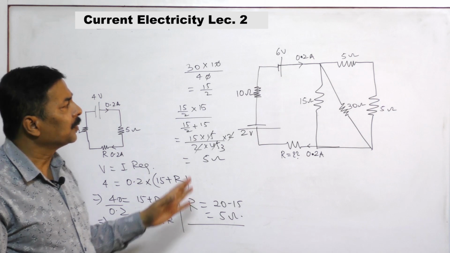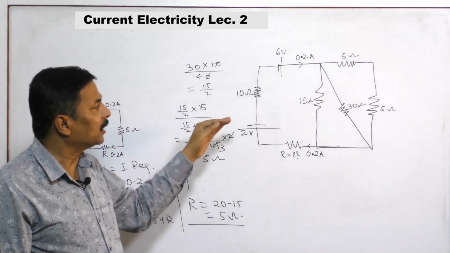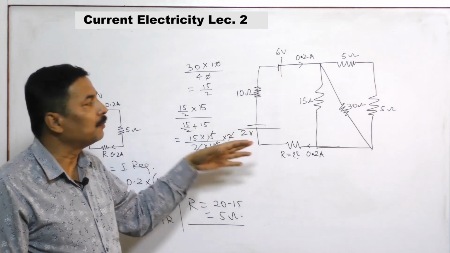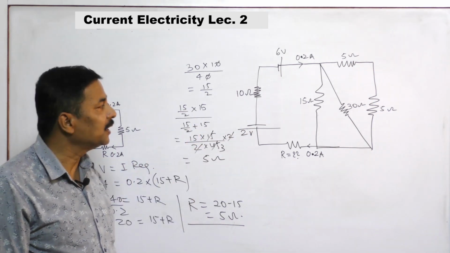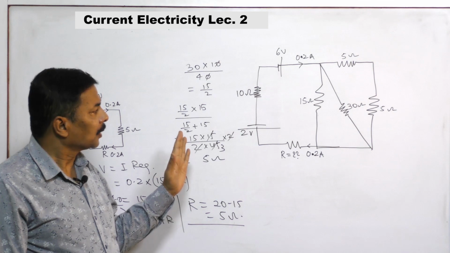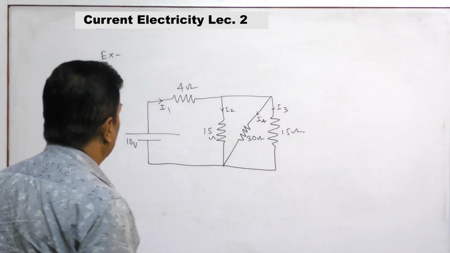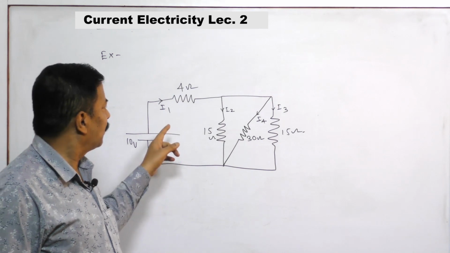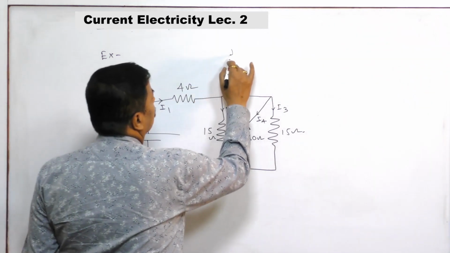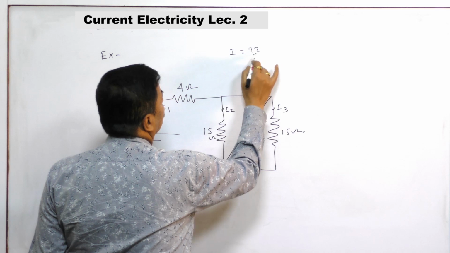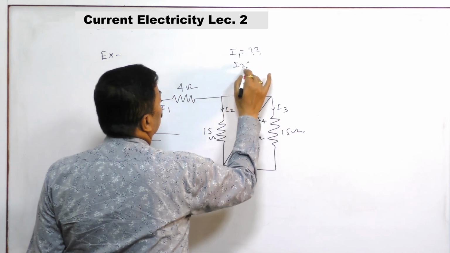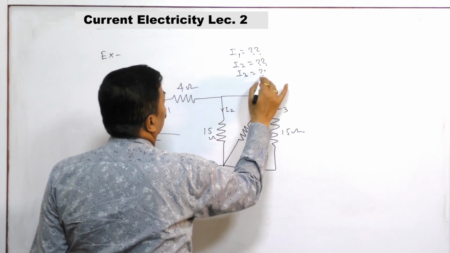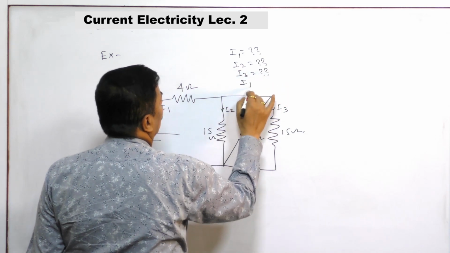In this way, this question will help you in understanding the concept of series parallel and how we find the resistance and how we find the current. In the earlier question we have seen it, and it will give you a better understanding. So we have to solve this question and find I1, I2, I3 and I4.